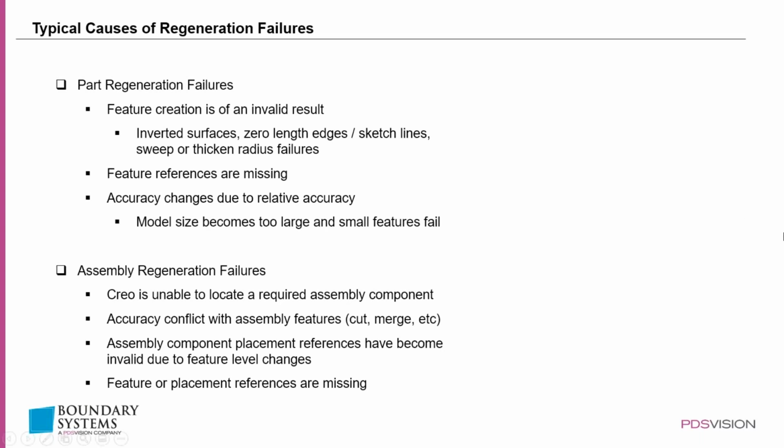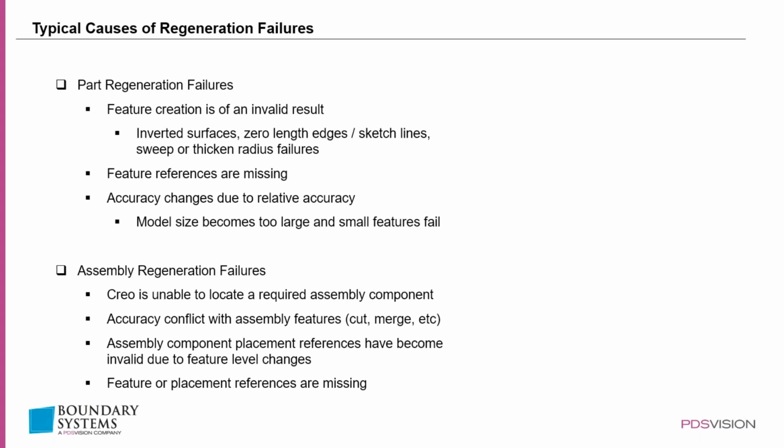And the last point I have here for part regeneration failures is relative accuracy. In previous versions of Creo, I think up to 7, the default accuracy was relative. So if you did a new part in Creo, you use the default template, it's going to give you relative accuracy. This has recently changed.